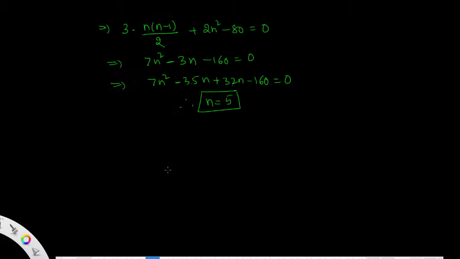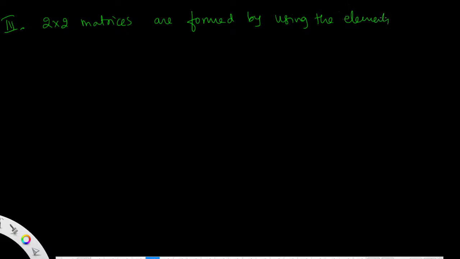Same thing, next question. Question number 3: find the number of 2 by 2 matrices formed by using the elements 1, 0.